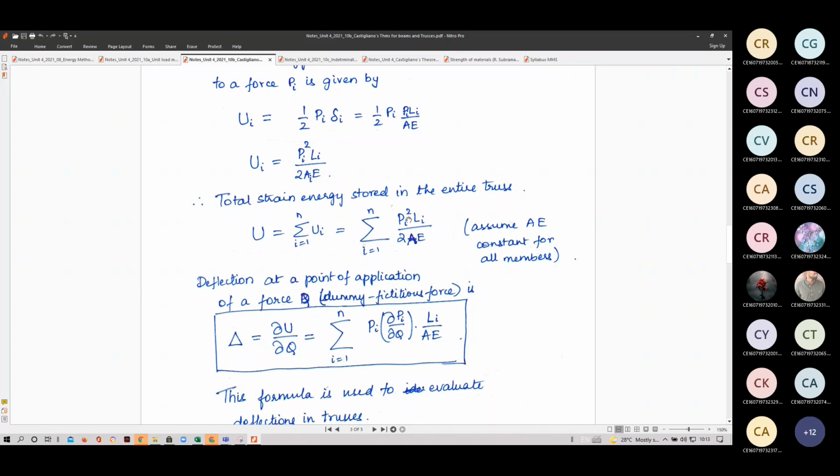So all member forces will be in terms of Q, and then differentiate partially. So U will be in terms of Q. I differentiate U partially with respect to Q. So I get 2Pi, derivative of P square is 2P into dou P by dou Q. Then 2 cancels. So upon differentiation, I get Pi, dou Pi by dou Q, and L by AE remains as it is. So this expression you have to remember.